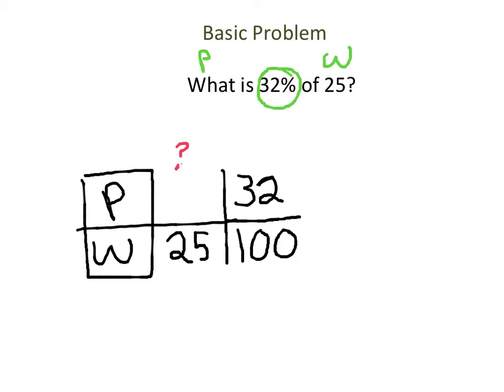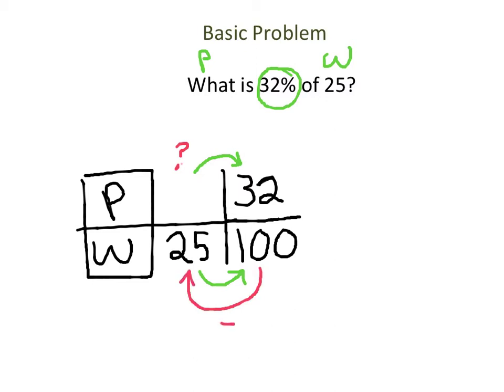Now we've got two questions here. And of course we use our factors of 100 to figure this out. How many times does 25 go into 100? That will take us this way. And if you remember, 25 times 4 makes 100. So it's like we're saying this number times 4 should be 32. But if I wanted to go the other way, I have to do 100, and I'm thinking, what number do I divide by?